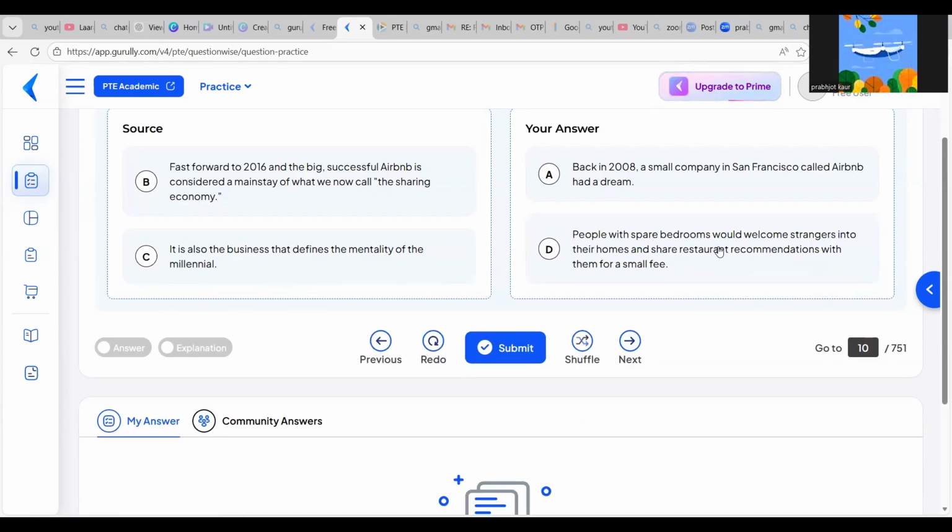This is the dream. After that, we should mention the time period again. Fast forward to 2016, and the big successful company is considered a mainstay of what we now call the sharing economy.